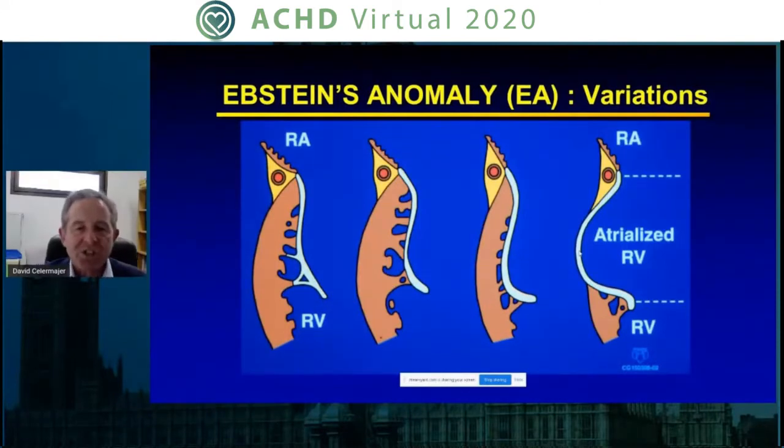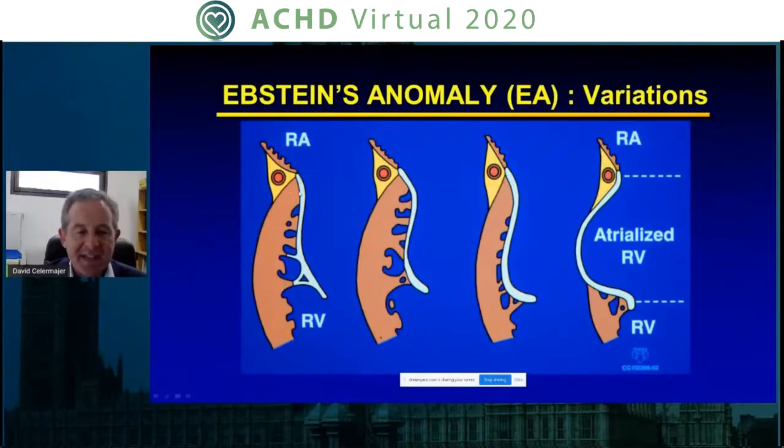And the reason it's got so many different clinical manifestations is that the degree of the abnormality can go from very mild to very severe. It depends on how severe is this problem where one or more leaflets of the tricuspid valve fails to delaminate from the right ventricular endocardium.